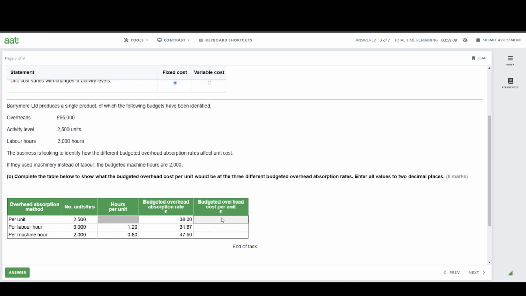In the final column, we are asked to calculate the budgeted overhead cost per unit. That's nice and simple. For our per unit method, we've already done it, haven't we? We've already worked out the overhead cost per unit, so we can enter that in.